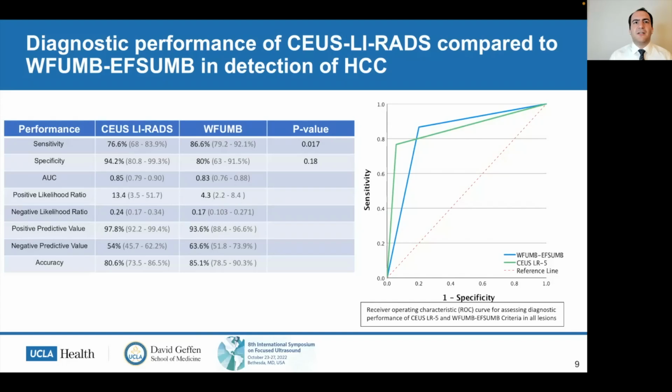The area under the curve of LI-RADS was marginally higher than WFUMB, 0.85 versus 0.83. Finally, the accuracy of WFUMB was higher than LI-RADS, 85 versus 80.